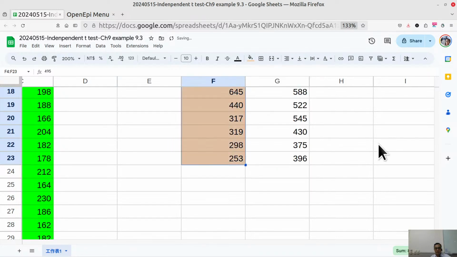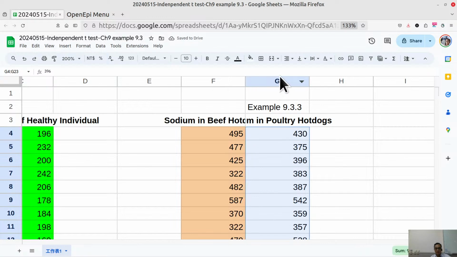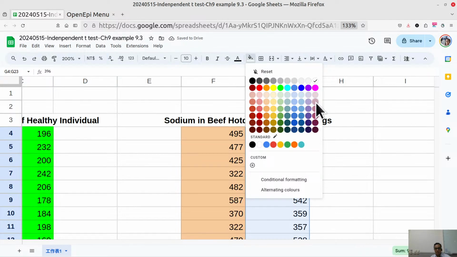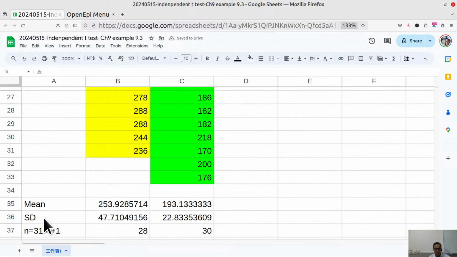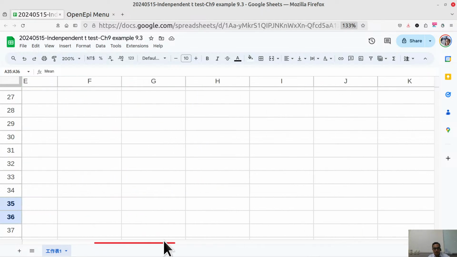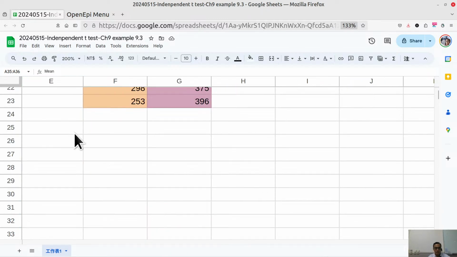I can use this. And the second column here, I can use in light purple. Okay, and this time I suggest you use different online applications. You don't need to calculate the mean and standard deviation by yourself. So I try to use different samples.